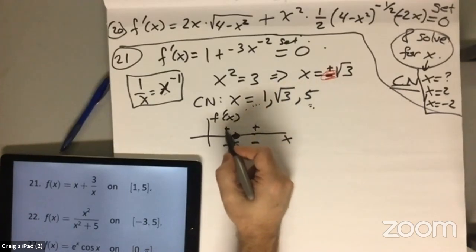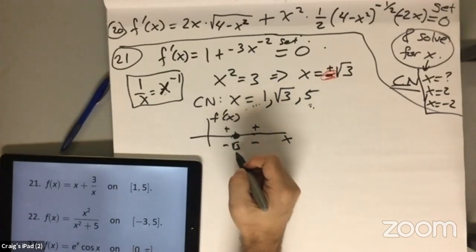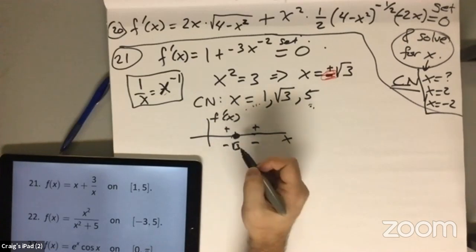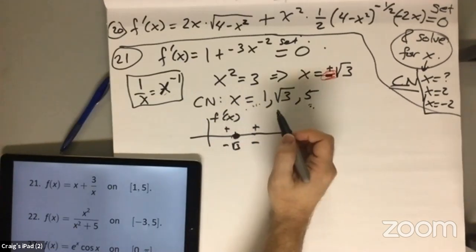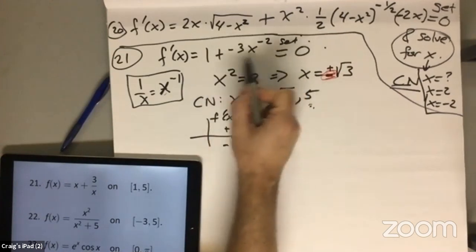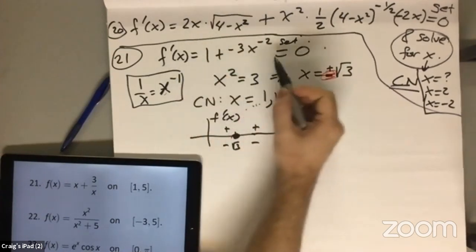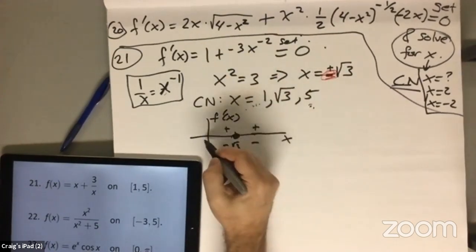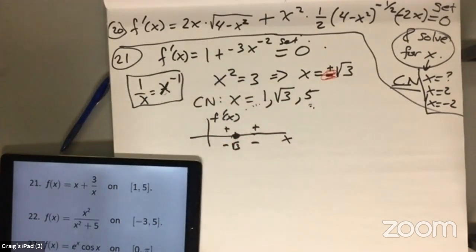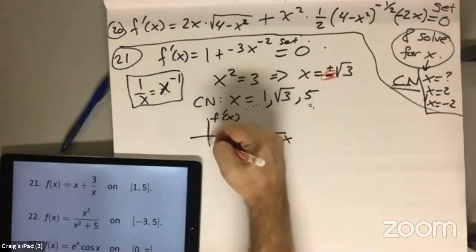So I'm going to check some number to the left of the square root of 3 to see whether it's positive or negative. I can stick any number I want into the derivative, except x equals 0. This one is a bad spot. When x equals 0, our derivative doesn't exist.